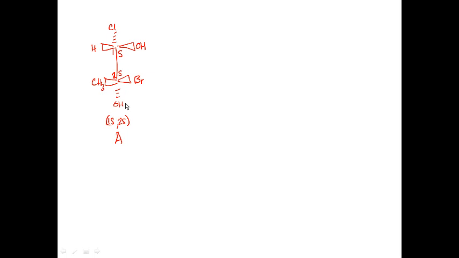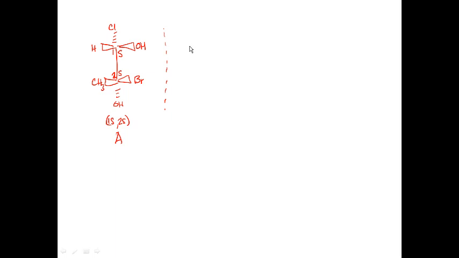So, if I have these two chiral carbons, what would the enantiomer of this molecule look like? Now, we haven't drawn an enantiomer of a molecule with more than one chiral center in it. But we do know that enantiomers are non-superimposable mirror image isomers.